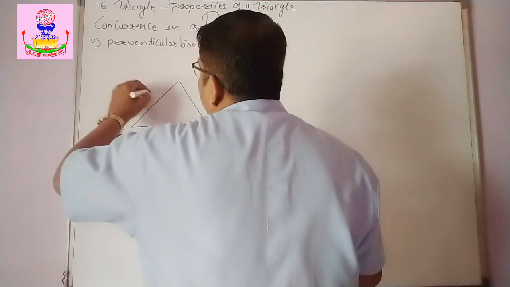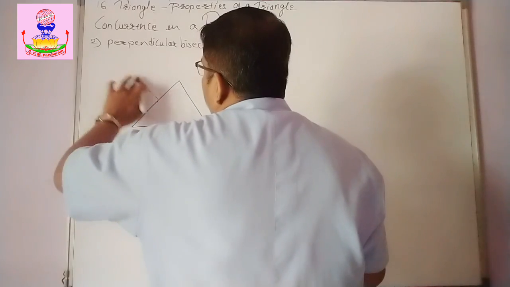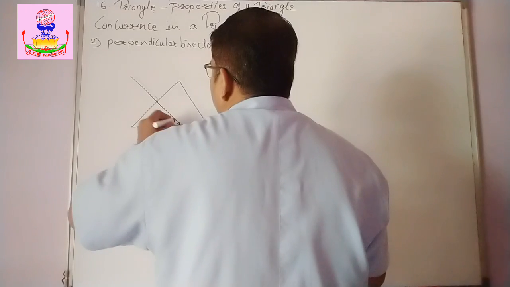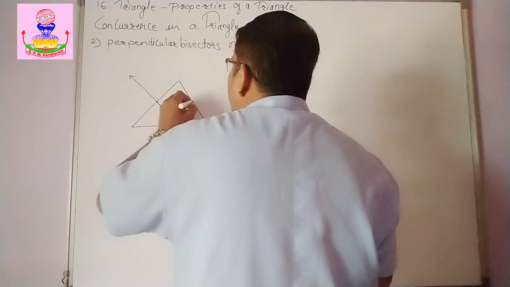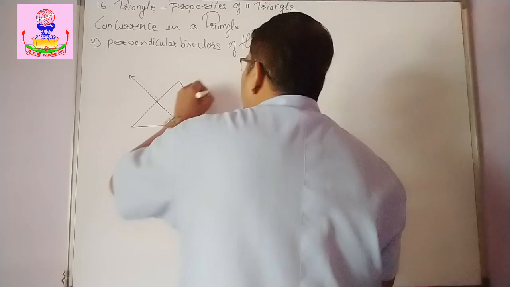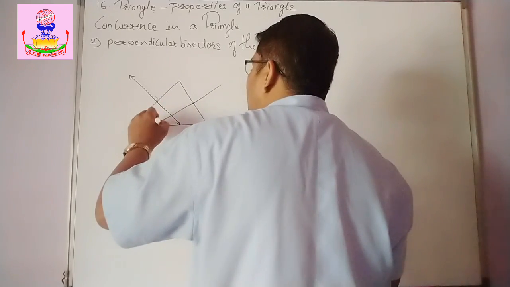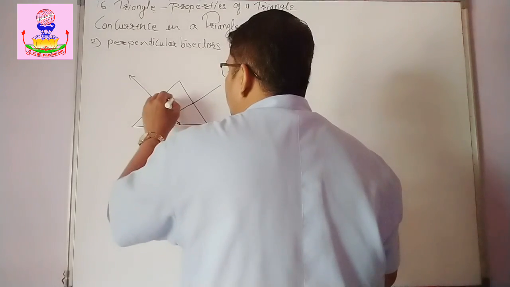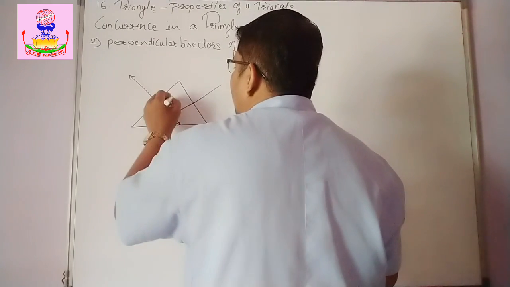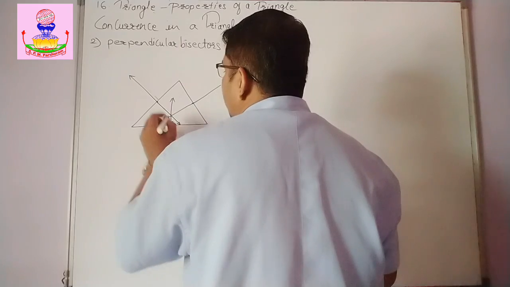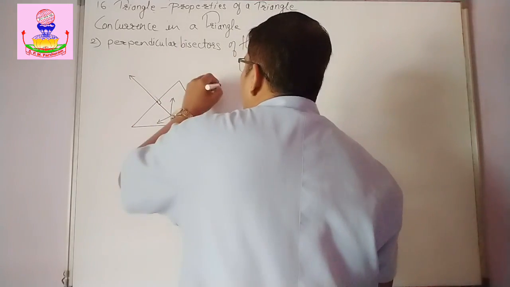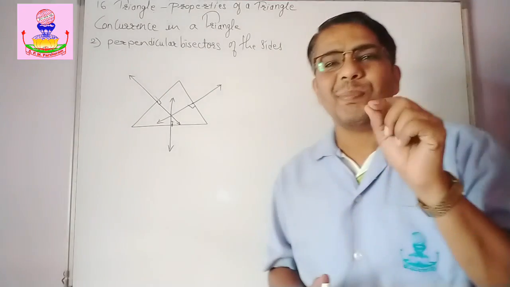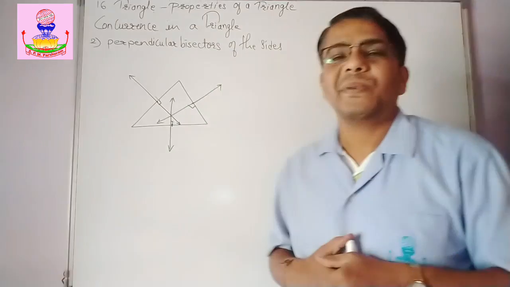This is the midpoint. So suppose if I draw it like this, and here, so you can see here the perpendicular bisectors also meet at a point.